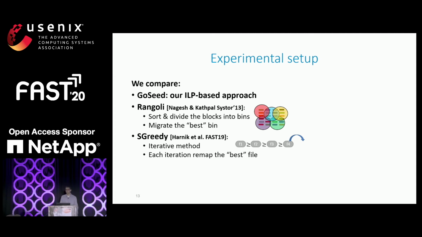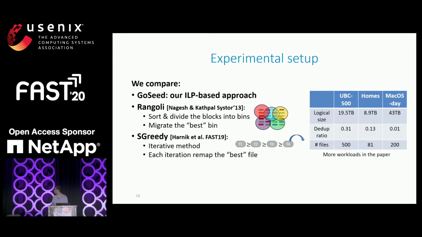The other one is sgreedy, which is an iterative method, where in each iteration we pick the best file for the transfer. We evaluated our results on several workloads. Due to the time restrictions, we'll look only at 3. The main difference between the workloads is the deduplication ratio.